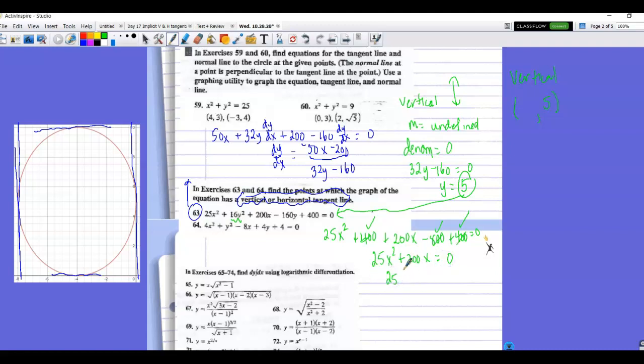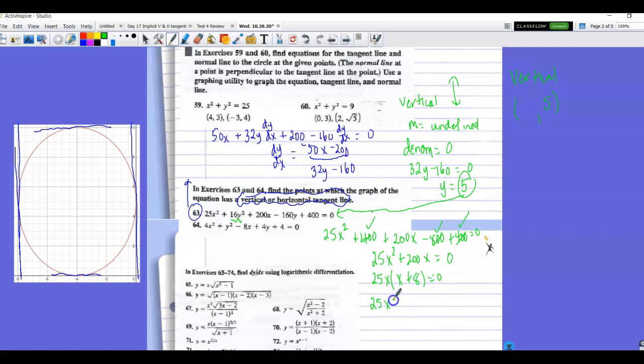I can factor out 25x, and that leaves me with x plus 8 equals 0.